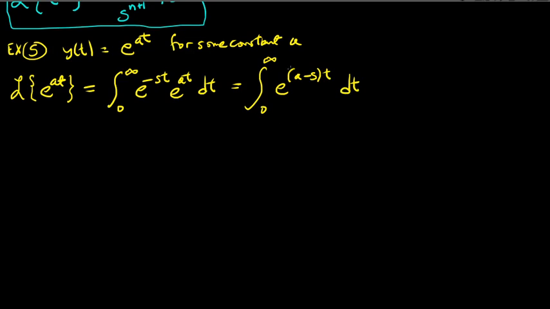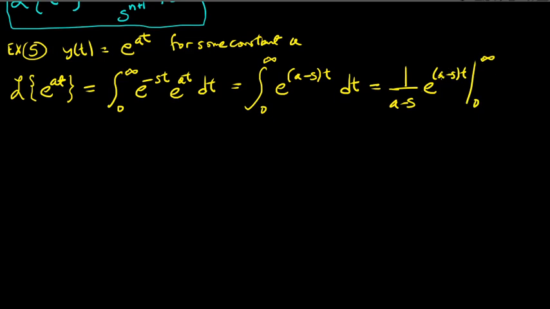So we don't even have to do an integration by parts here. All we have to do is a substitution. u is the exponent, a minus s times t. So du will be a minus s, so now we have to divide by a minus s. And then we just get e to the a minus s times t, evaluated between 0 and infinity, as usual.